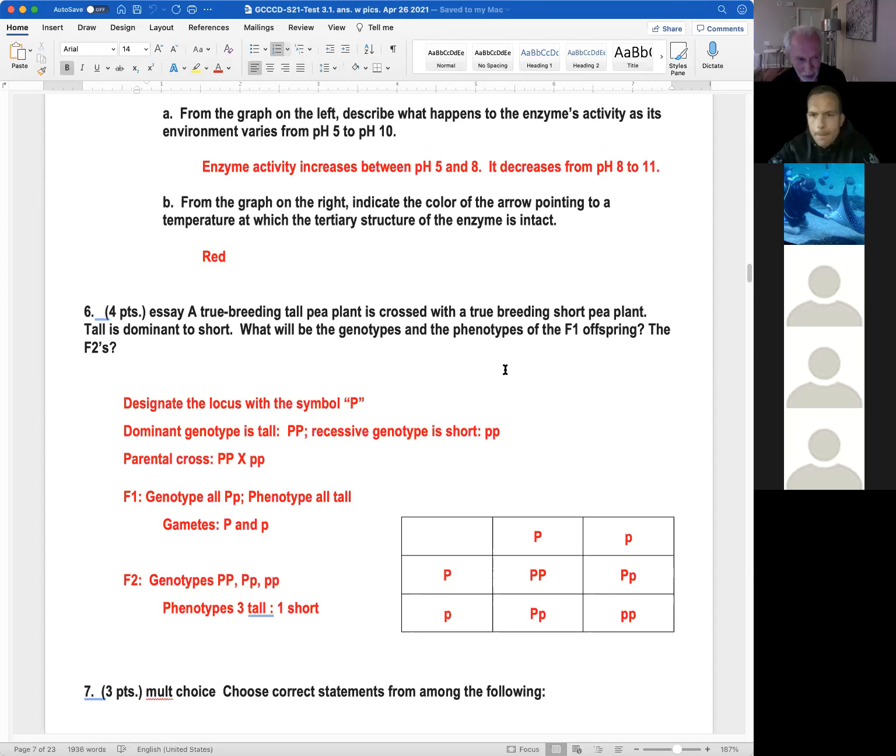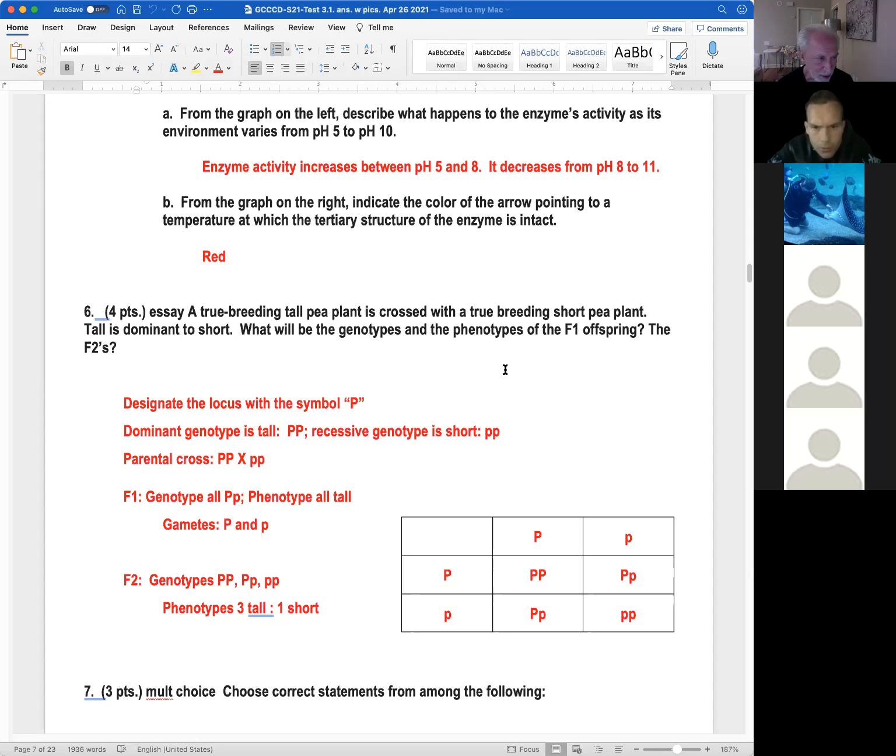So in a diploid, there are 2 copies of a gene at every locus. And after inbreeding, both of those copies of a gene are the same. And so a true breeding tall plant means that it's homozygous at the tall locus.